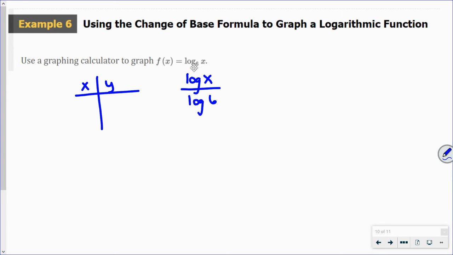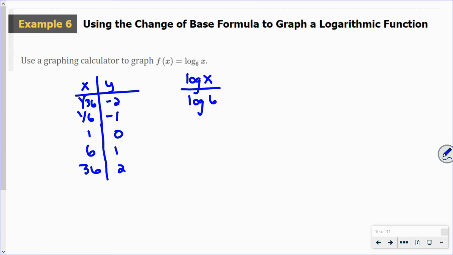So base 6, that's powers of 6. That'd be 1 over 36, negative 2, 1 over 6, negative 1, 1, 0, 6, 1, 36, 2. So we don't necessarily need the graphing calculator for that, but if you want to type it in like this, you could.